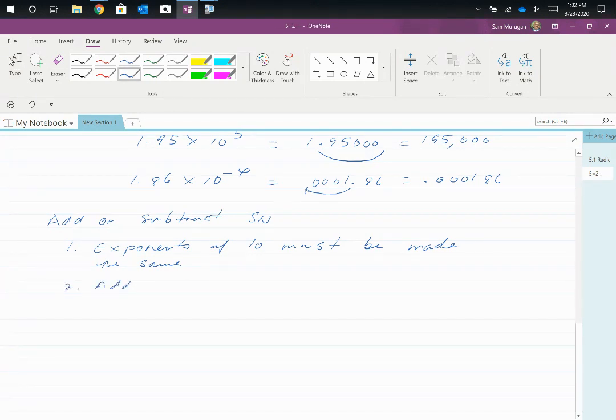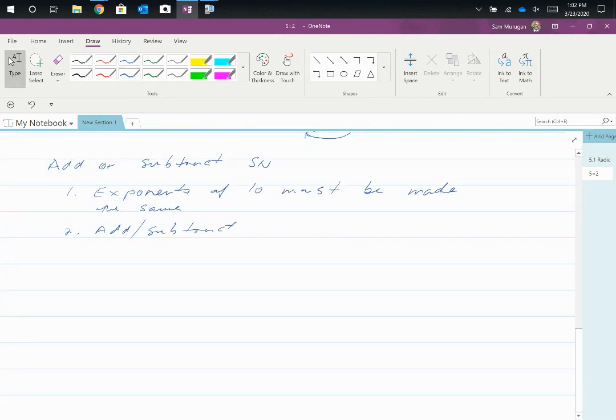Add or subtract with only the same power. Simplify if necessary.